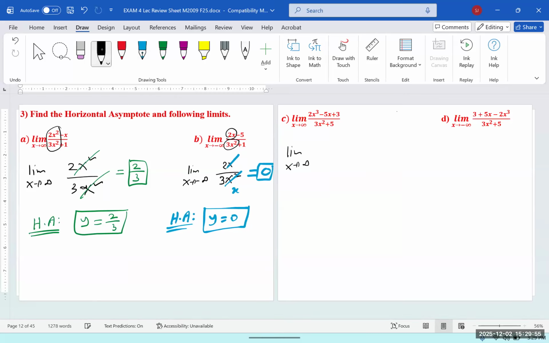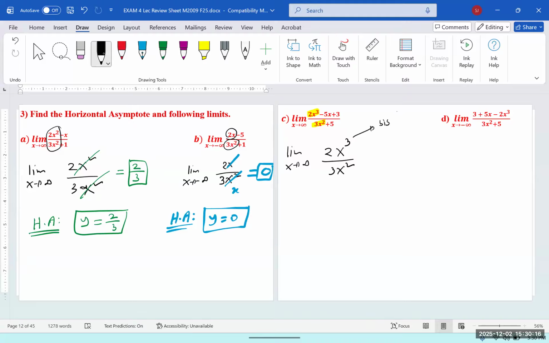Now x is going to infinity. Your highest degree is 2x cubed on the numerator, and 3x squared on the denominator. So you write 2x cubed over 3x squared. Now, obviously, the numerator is big.